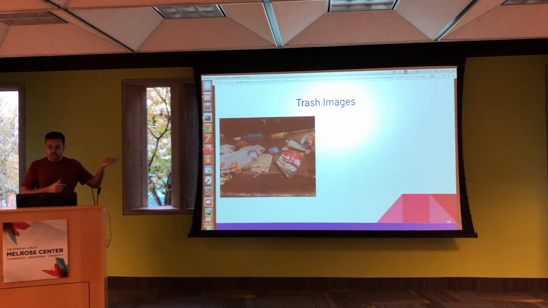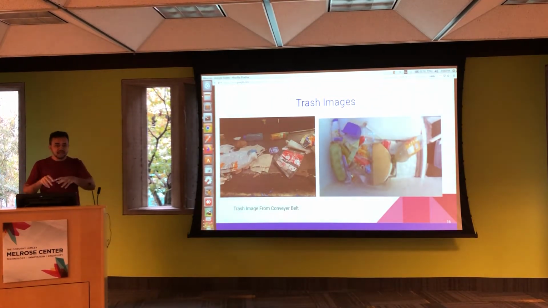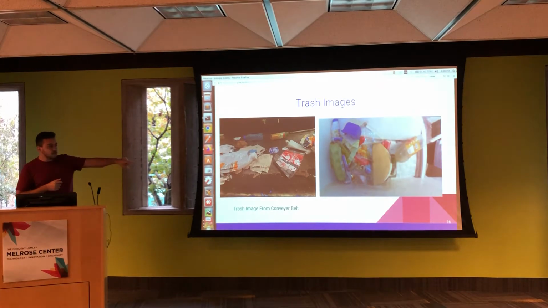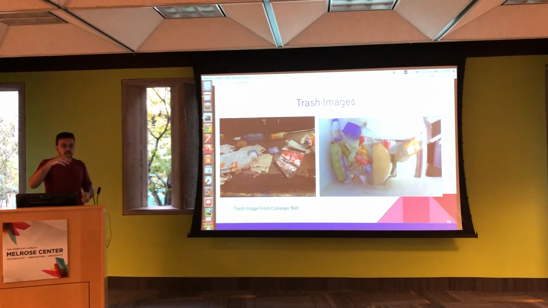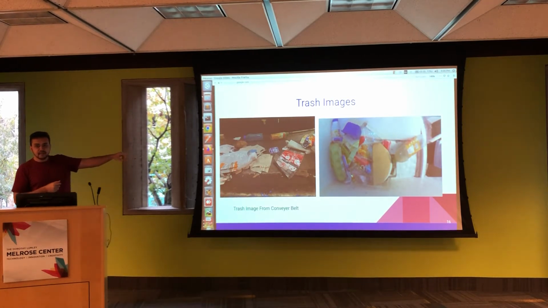So this is our first use case, and this would be the other way, where we have a trash bin. You throw the trash inside the trash bin, and this would be our top view image of the camera. If the camera is fitted up on the trash bin, it would look something like that. So we are trying to build a model for these two types of problem statements.